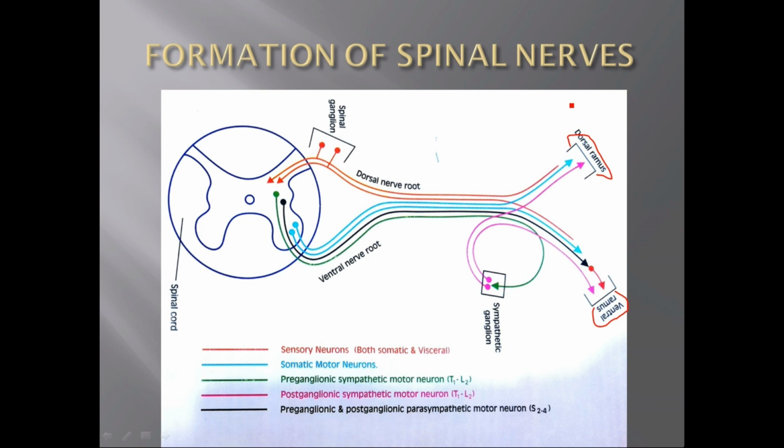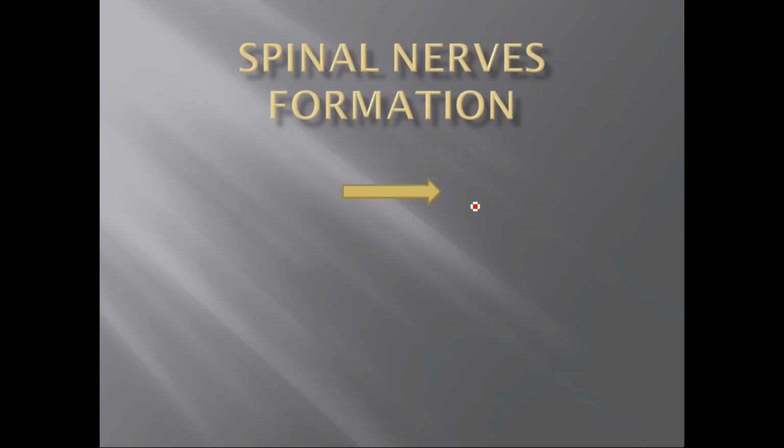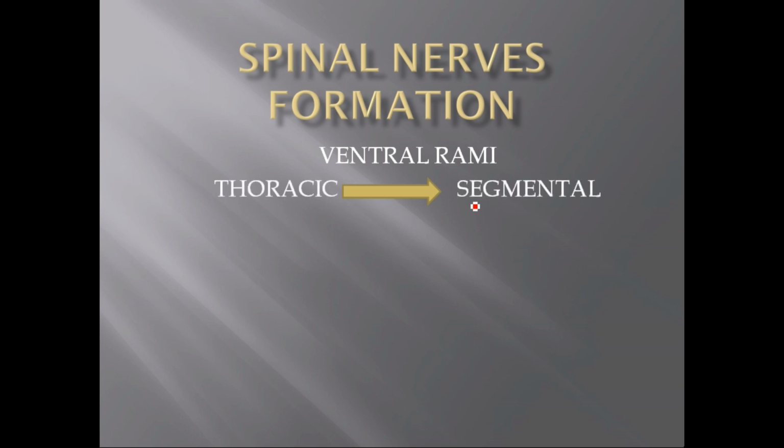So a single spinal nerve supplies both the dorsal and the ventral parts of the body. The dorsal ramus supplies the posterior parts of the body and the ventral ramus supplies the anterior parts of the body. There is an important thing to remember about the ventral ramus. The ventral rami of the thoracic nerves mainly have a segmental distribution.